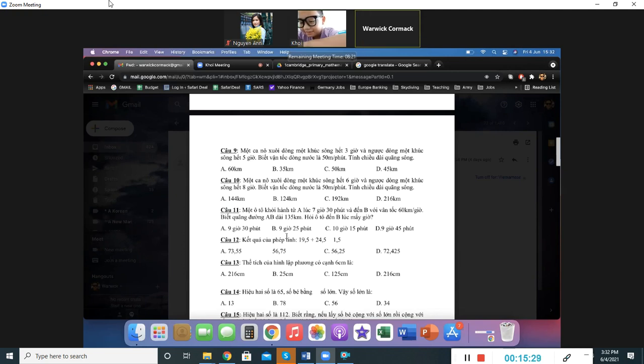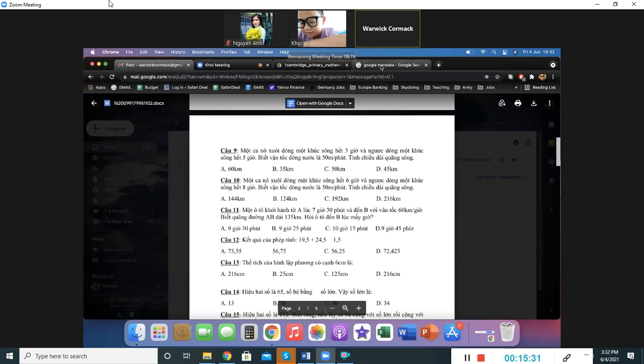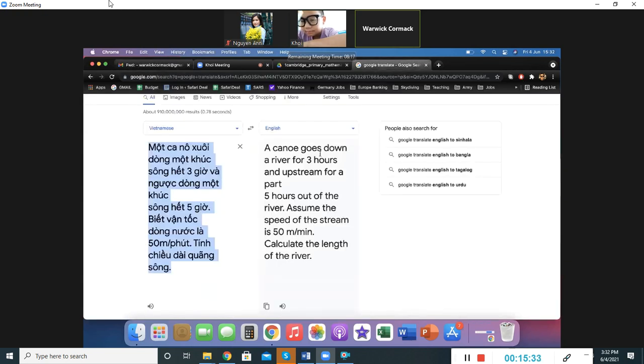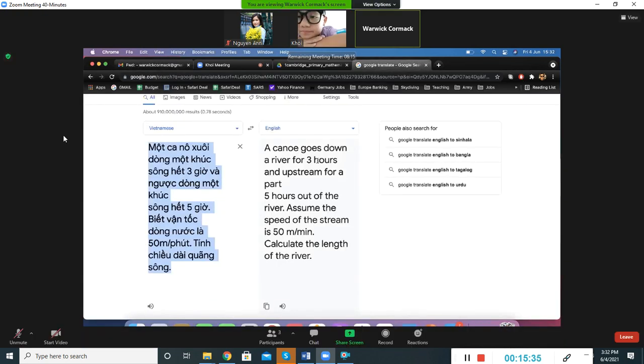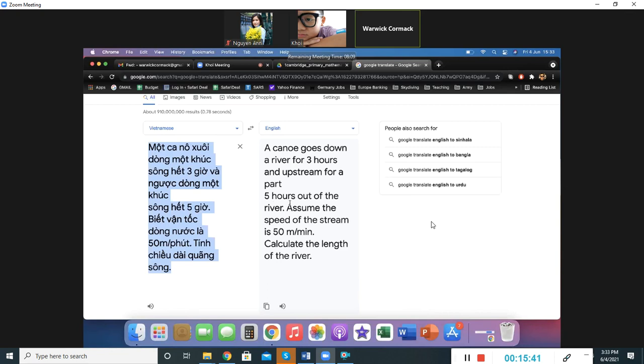Okay, so let me tell you what I did based over here. A canoe goes down a river for 3 hours and upstream. So this is the problem. And upstream for a part 5 hours out of the river. I have no idea what that means. So what it seems like to me is that a canoe takes 3 hours to go down the river, and it takes 5 hours to come back up the river.